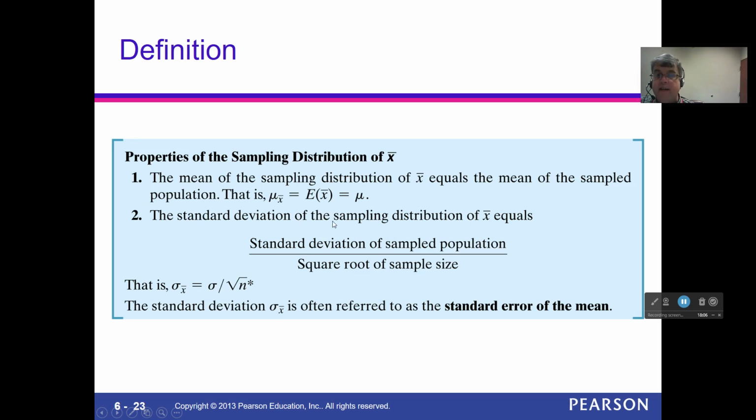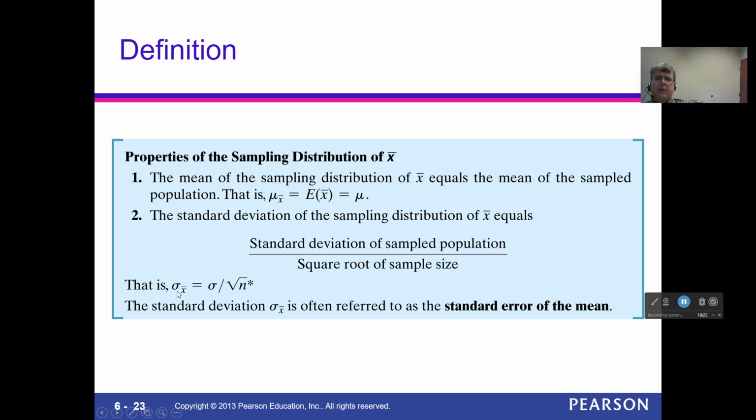Okay? The standard deviation of the sampling distribution of X bar equals the standard deviation of the sampled population divided by the square root of the sample size.